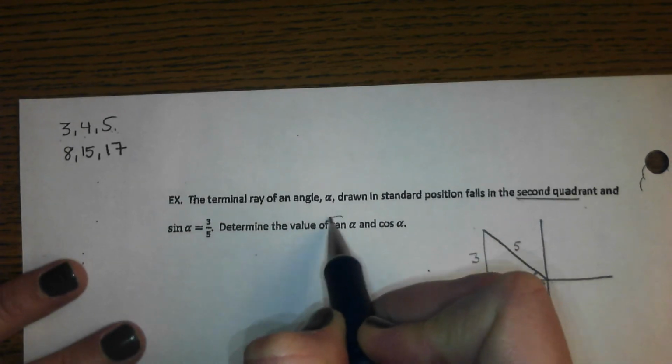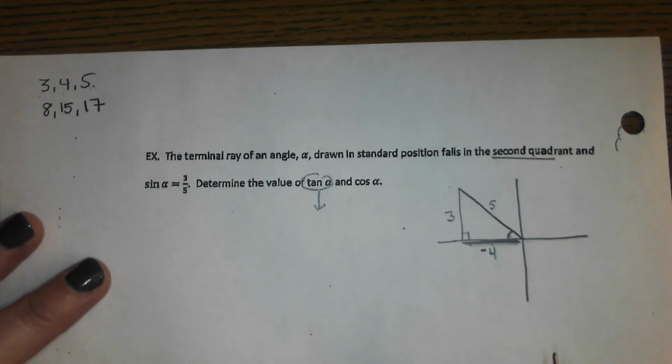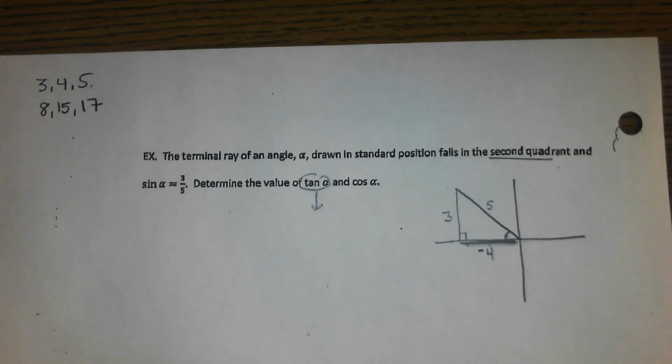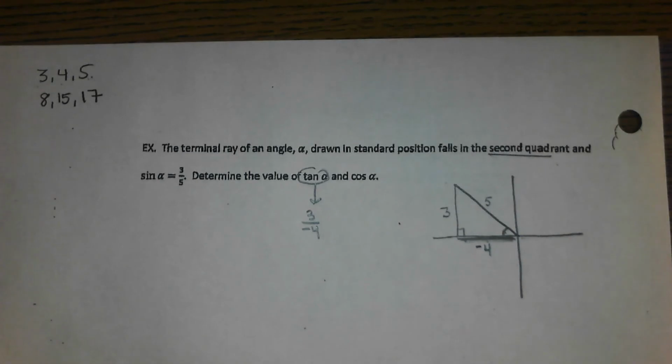But the tangent, now based on our picture, would be what? Very good. 3 over negative 4, which is the same as negative 3/4, right?